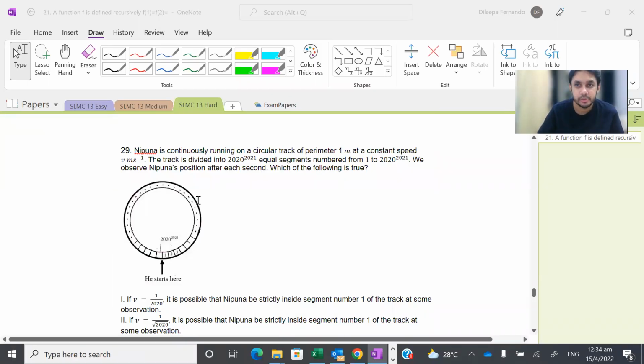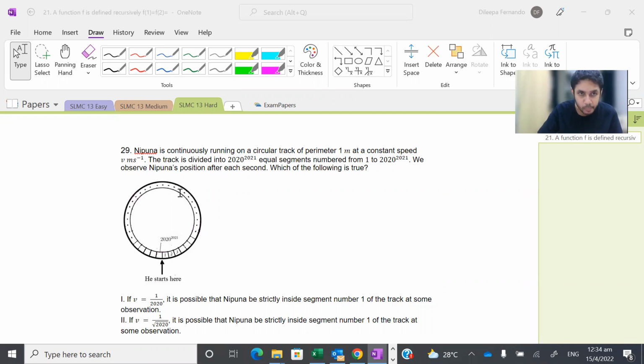Now we are coming to question 29. This is about running on a circular track, but the area of mathematics is rational and irrational numbers. The track is divided into equal segments. The key points are the perimeter.